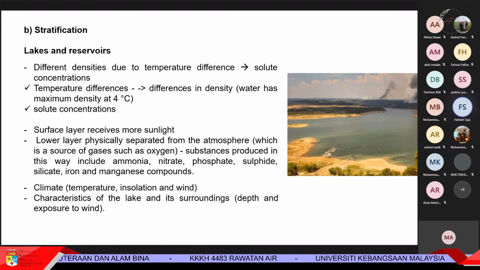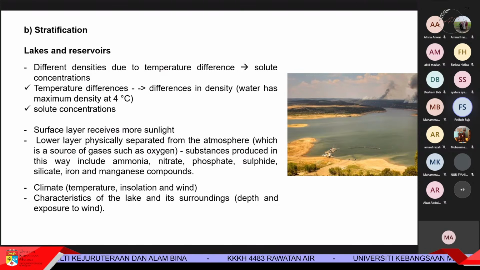So it's like you have two different water bodies in one lake. It is most commonly caused by the temperature difference that leads to this difference in density. Usually water has maximum density at what temperature? 4 degrees Celsius, right?